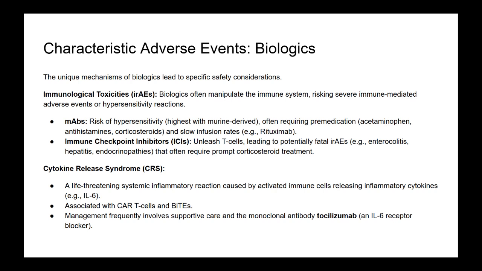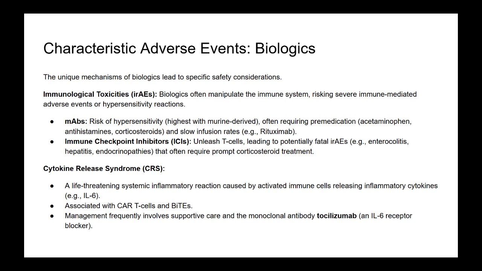Immune checkpoint inhibitors such as ipilimumab and pembrolizumab activate T cells, which can lead to potentially severe immune-related adverse events. These adverse events include conditions such as inflammation of the intestines, liver inflammation, skin reactions, and hormone-producing gland disorders. Often, these complications require prompt treatment with corticosteroids to manage the symptoms.